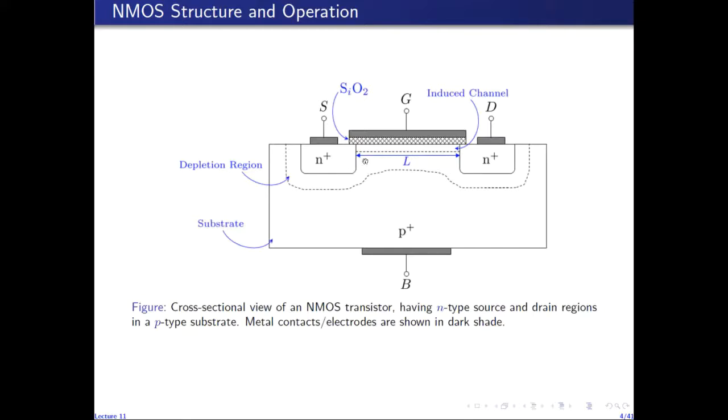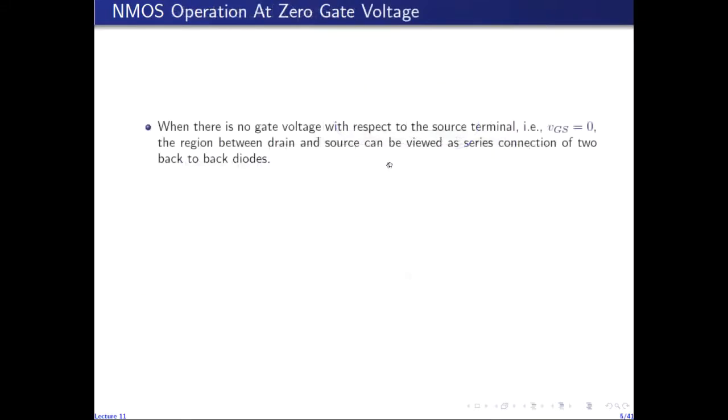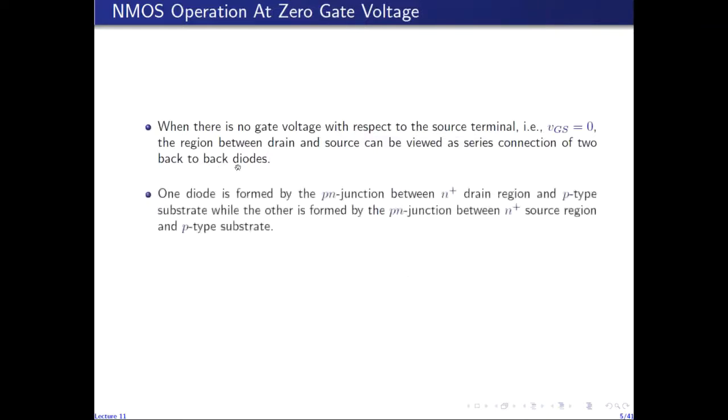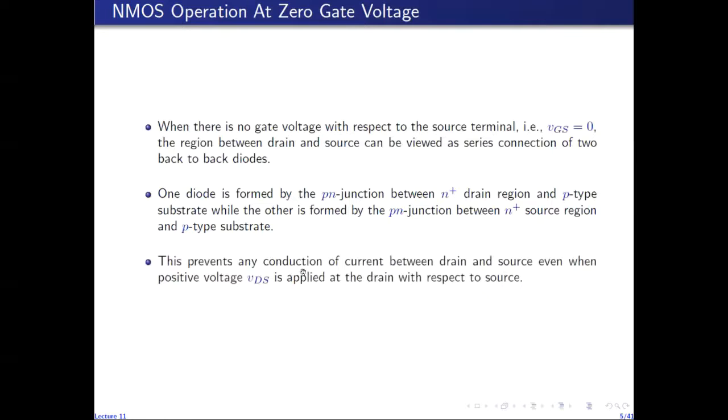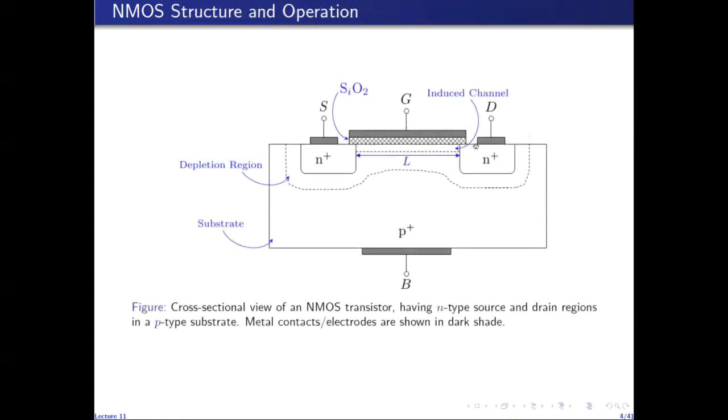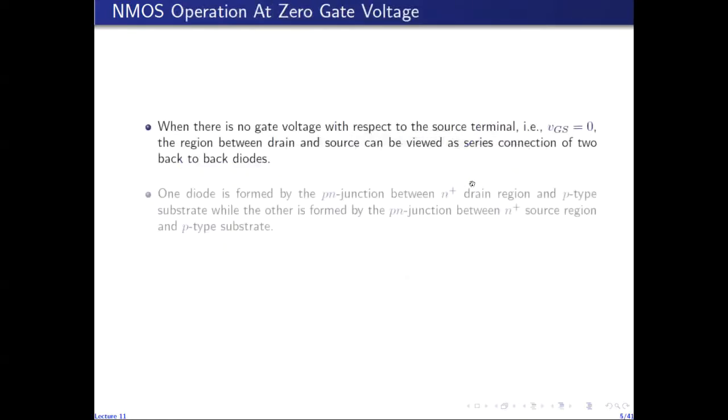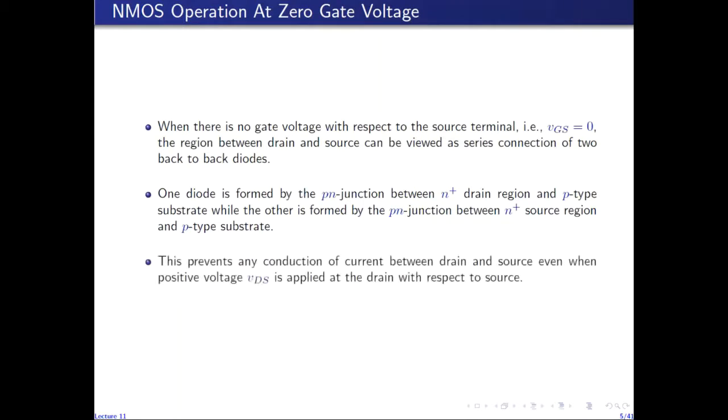This series connection of two back-to-back diodes prevents the conduction of any current between the drain and source, even if there is some voltage at the drain with respect to the source. So when VGS is 0, which is the voltage at the gate with respect to the source, there is no conduction through the transistor. There is no current conducted by the transistor.